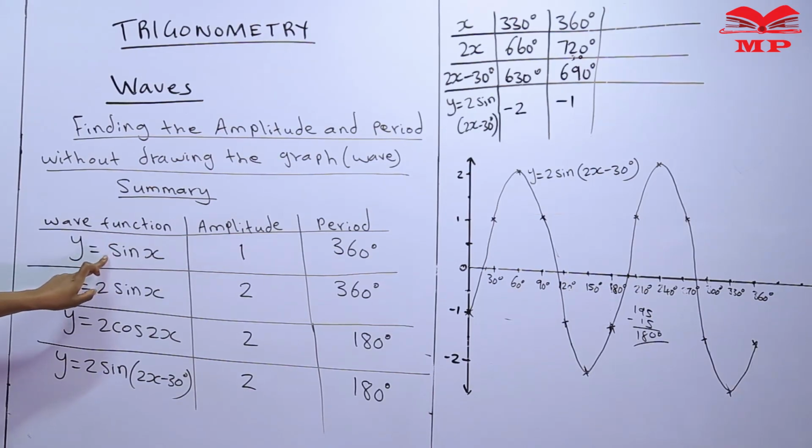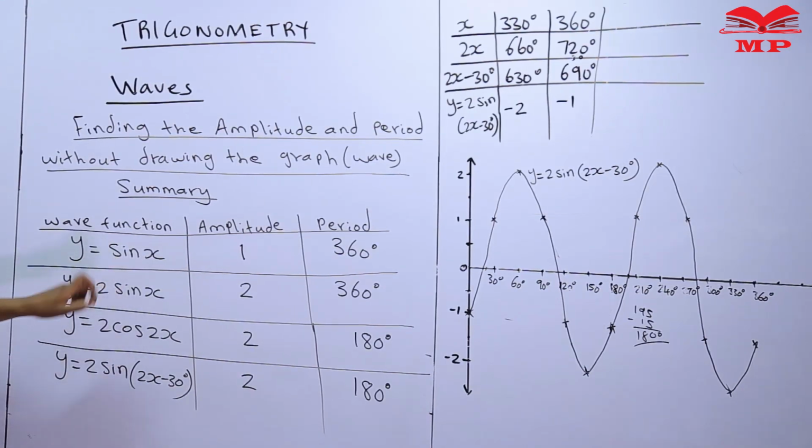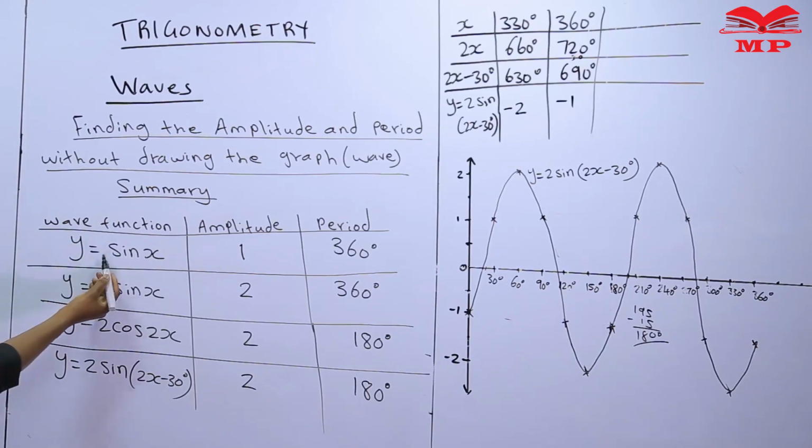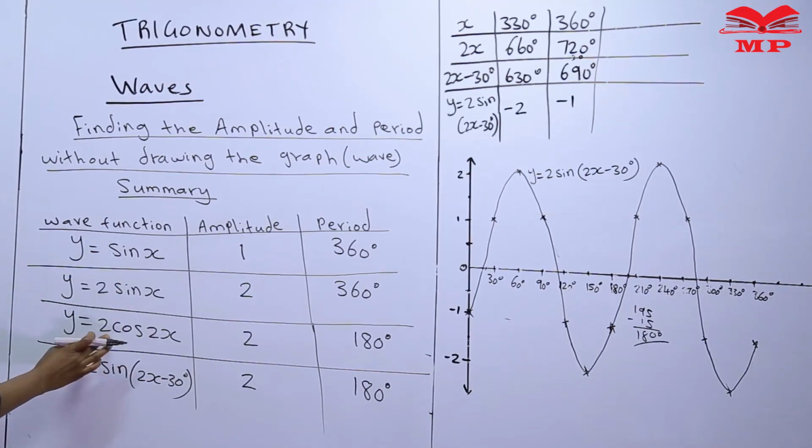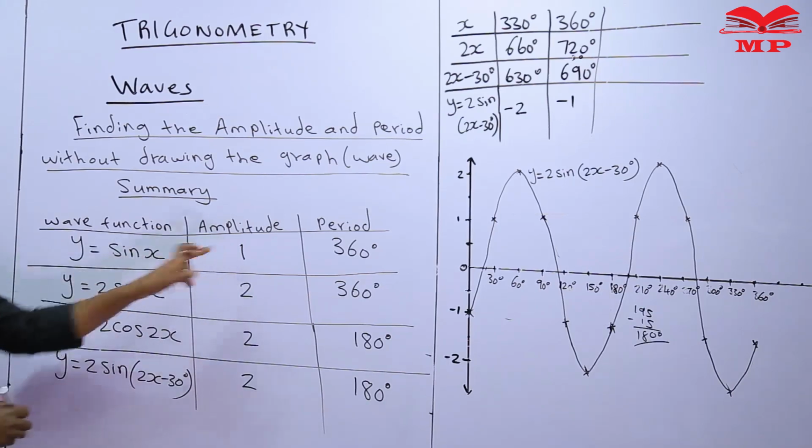Now if you look at this wave function here, if you look at the coefficient of the trigonometric ratio, that is, the ratios are the sine, the cosine, and the tangent. Here the coefficient is 1. Here the coefficient is 2, here the coefficient is 2, and here it is 2. So the coefficient of the trigonometric ratio gives us the amplitude.